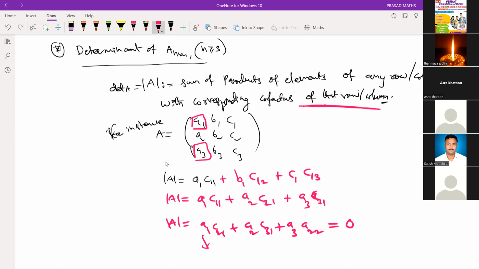You need to multiply with the corresponding cofactor, or else it is 0. Already in basic intermediate degree, easily one can compute it. So this is 0, this is 0, total this is 0. Right? You can easily compute it. So that is nothing but the sum of products of elements of any row with the corresponding cofactors of that row.